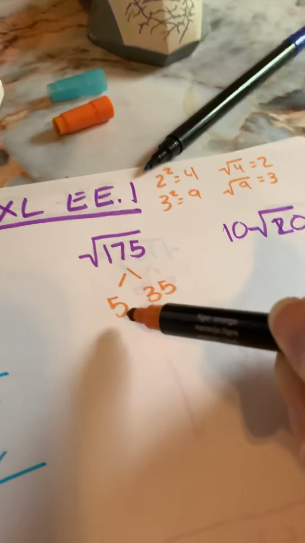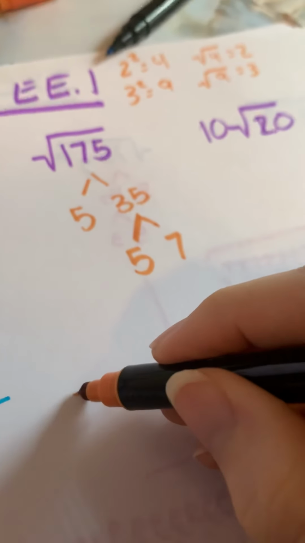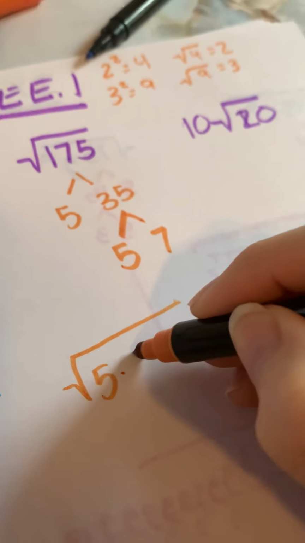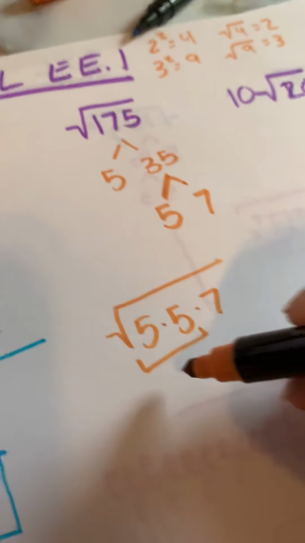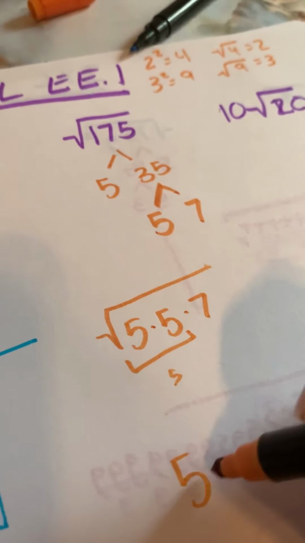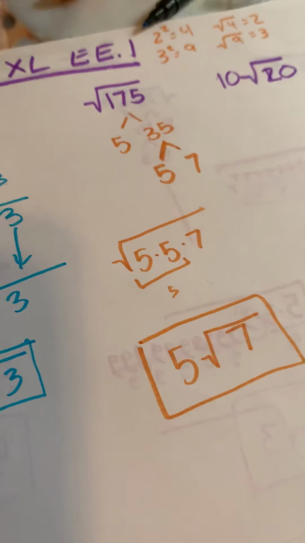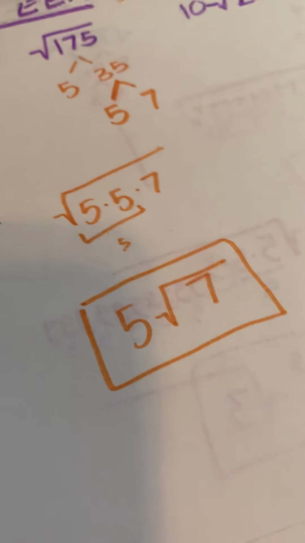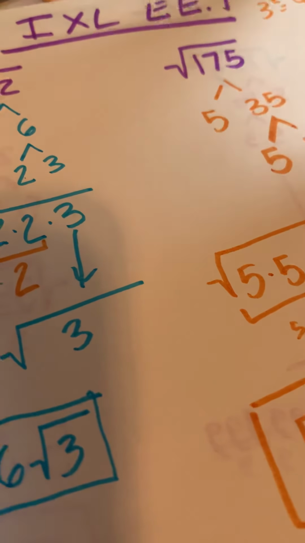Then we keep going. 5 doesn't break down. 35 is 5 times 7. 5, again, doesn't break down, and 7 also does not break down. So that's the end of all of those. We've got 5 times 5 times 7. Got one pair of 5s here, so 5 square root of 7 is the answer. There you go. Alright, so that is how you simplify square roots.